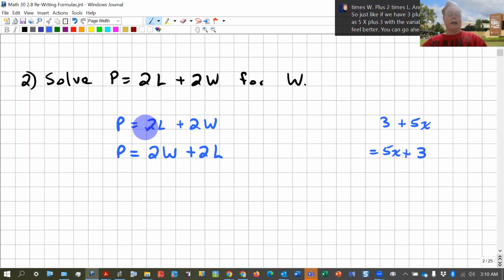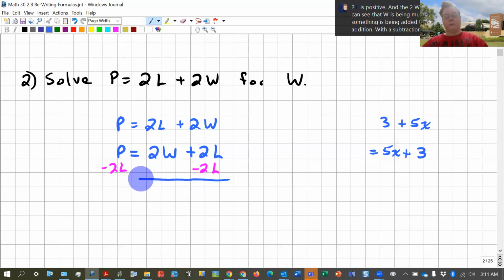The 2L is positive and the 2W is positive. And now the W, we can see that W is being multiplied by 2 and then something is being added to that. And we can undo that addition with a subtraction.